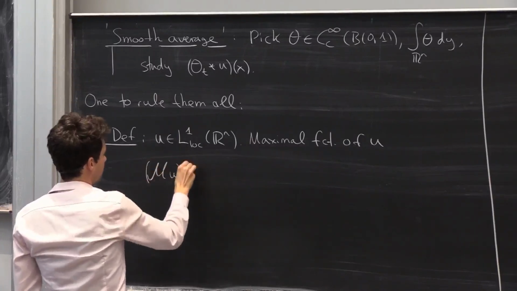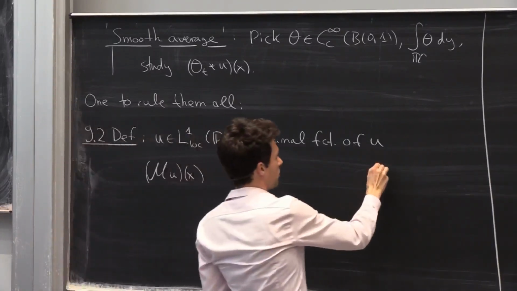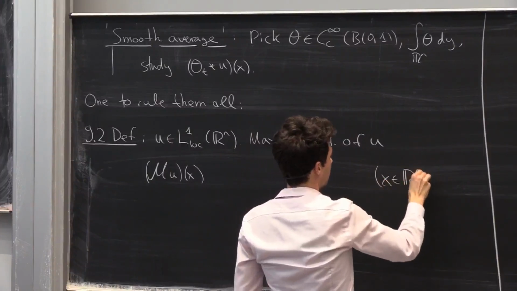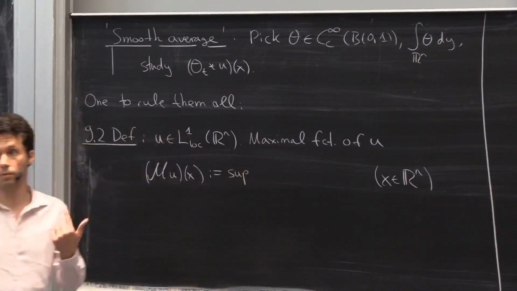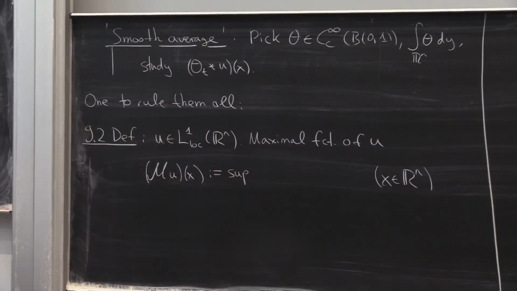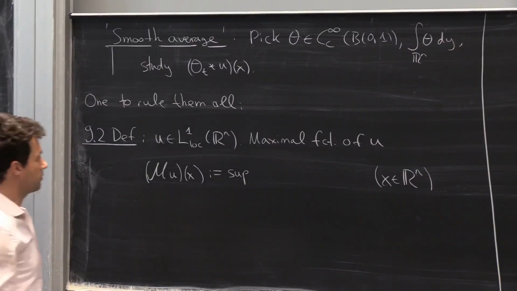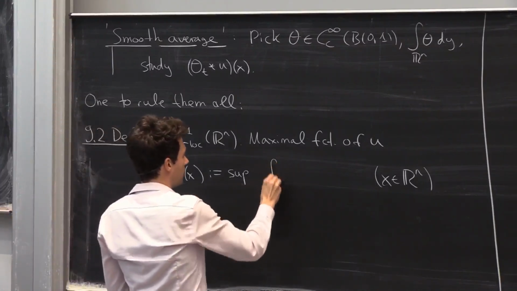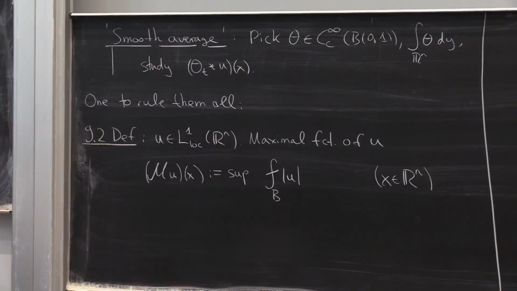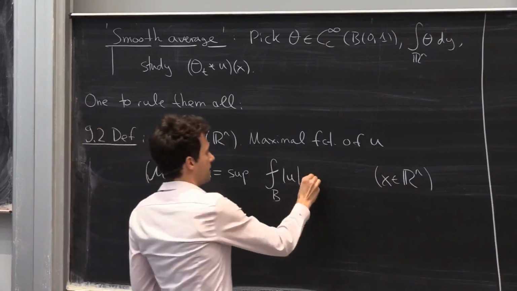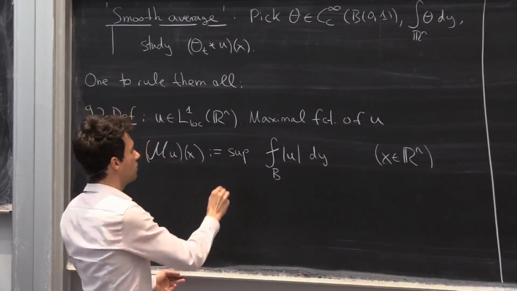This is a thing that is defined at each point x in R^n, and it is defined as taking the sup over all averages on balls that could potentially be used to define something that resembles an average of the function around x. So I'm taking the sup over averages, and I'm taking absolute values inside because I want to use that operator to control averages.